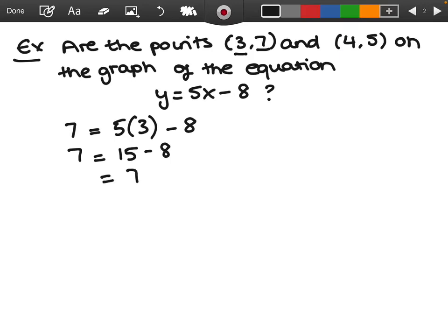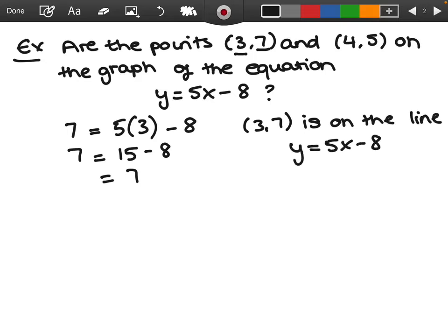So for this particular point, my left-hand side equals my right-hand side, and therefore it tells me that this point satisfies the equation, meaning that that point is on the line. So 3, 7 is on the line y is equal to 5x minus 8.